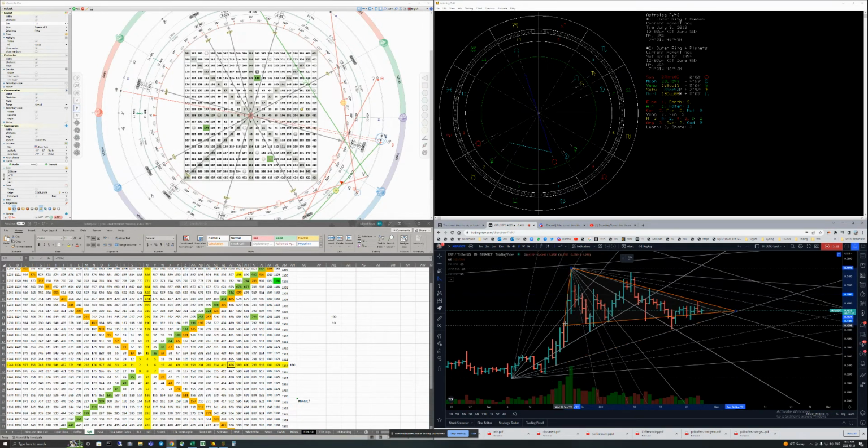An ascending triangle, maybe, but I'm going to do the pennant. Yeah, right there. And that would be there. Okay, so here is our triangle.